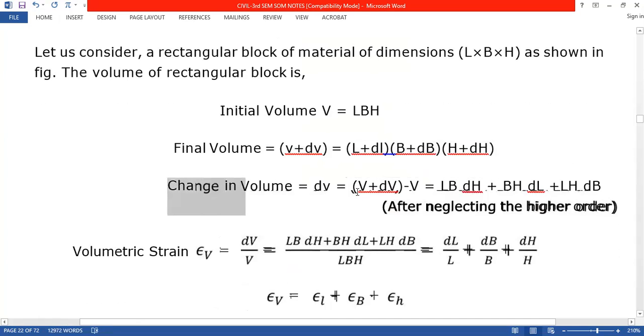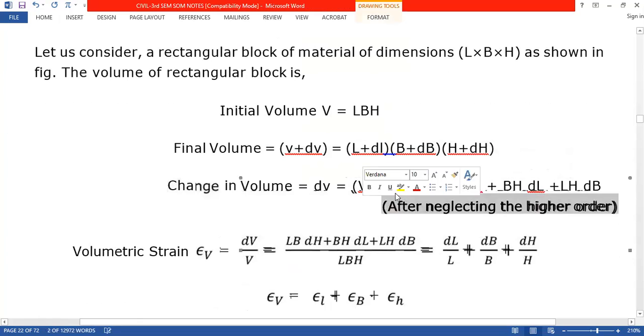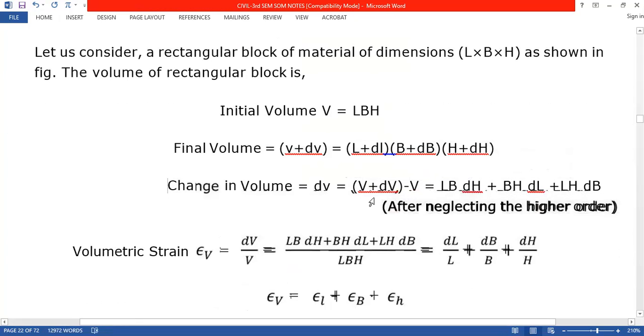Now, change in volume can be defined as V plus delta V minus V, because the original volume was only V and the final volume is V plus delta V. The difference between these two will be the change in volume.